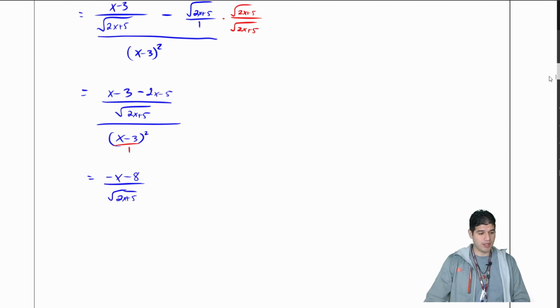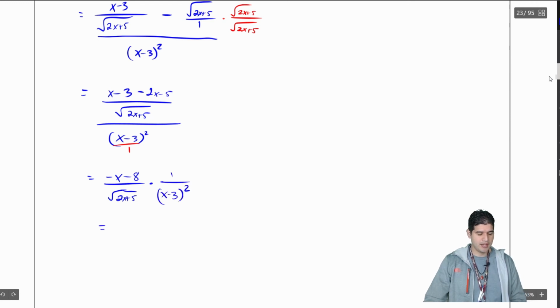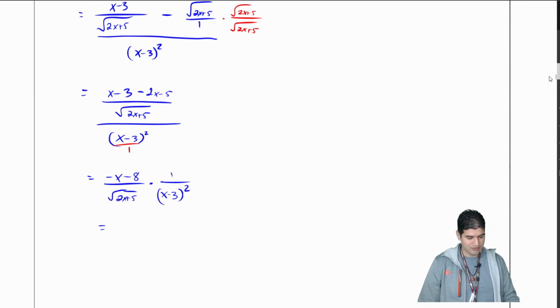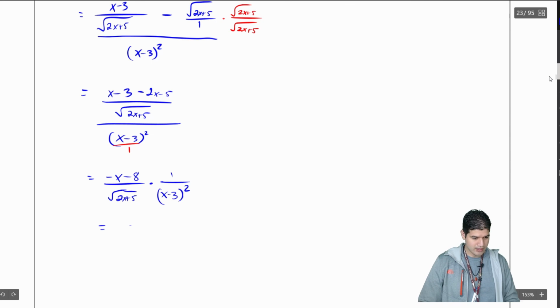I'm going to multiply by that reciprocal, and I'm going to get 1 over x minus 3 squared. Okay, so nothing's really canceling out, so I'm just going to leave this as a negative x minus 8 over the square root of 2x plus 5.